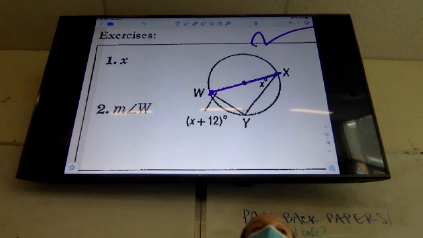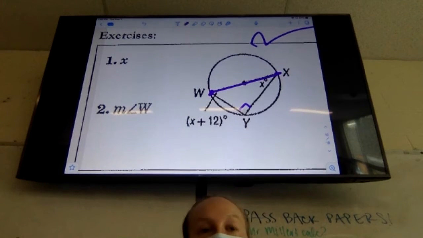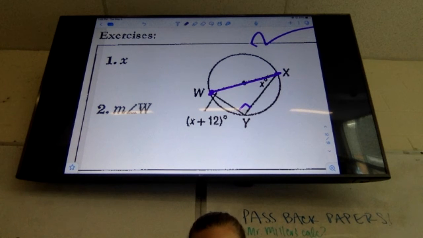It's a right angle. Why do you know that? So essentially the theorem we just learned is that if the diameter is the same thing as the hypotenuse, then it's a right angle and vice versa.